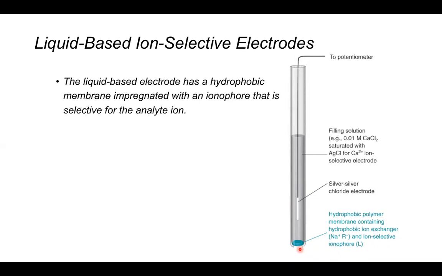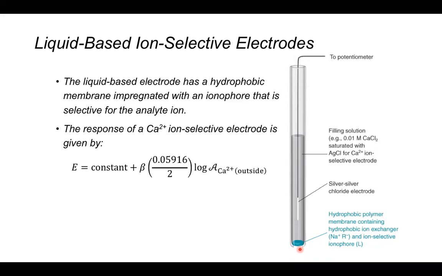So the liquid-based electrode here has a hydrophobic membrane impregnated with an ionophore that is selective for the analyte ions. What is the ionophore? The ionophore is something which would capture or complex with the ion that we're interested in, the analyte ion. The problem is that they're not always perfectly selective towards just the thing we want. So if something else has the same charge and roughly the same size, then we're likely to get a different reading. So you have to be careful with those things.